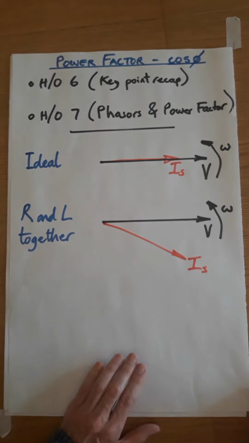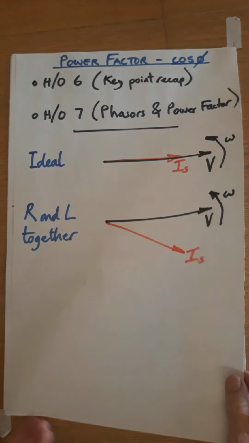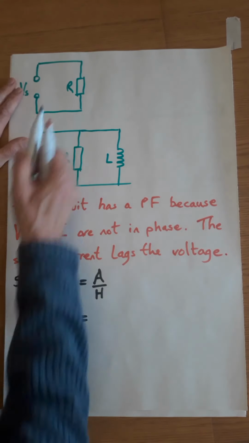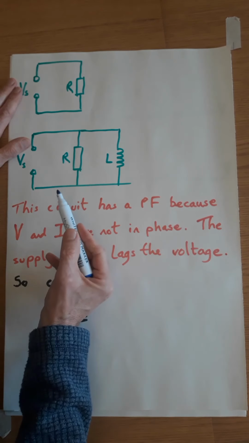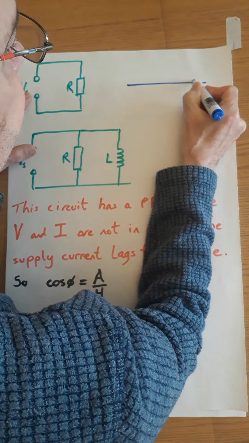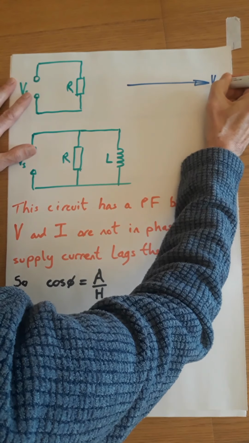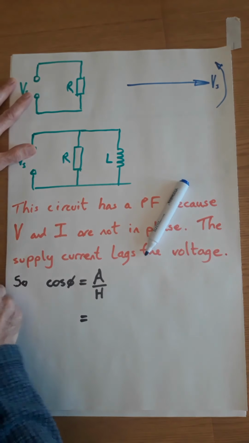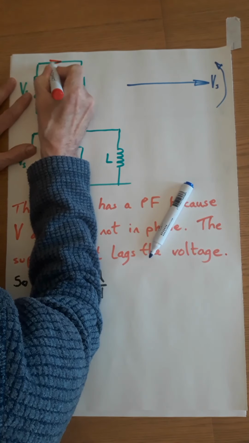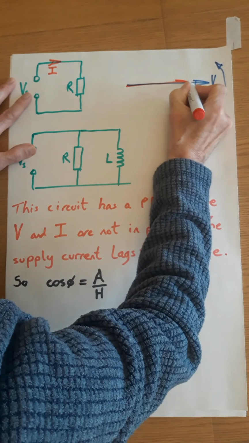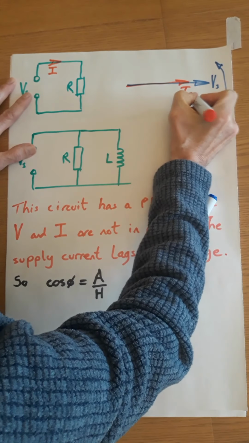Let's take that a little bit further. I am deliberately going to repeat myself over and over. So here is a resistive circuit, and if we try and draw this out for a phasor diagram, there's the supply voltage and the current through the resistor is there.